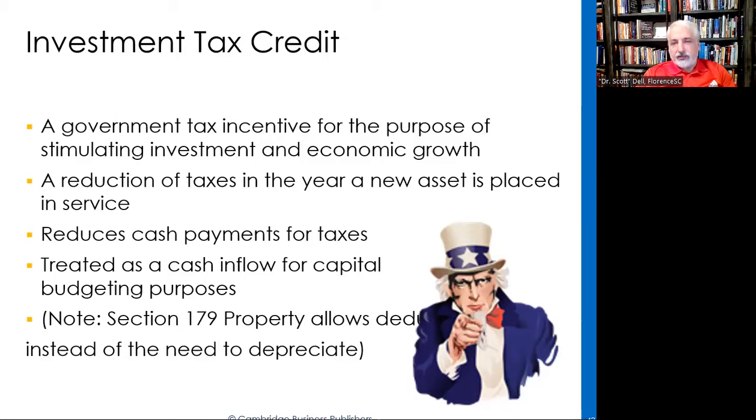So it's a reduction of taxes in the year the new asset is placed in service. Sometimes you can carry forward things. Here in South Carolina, if you invested in solar, you get some carry forward options as well. It reduces your cash outlays for taxes, and that comes into the cash flow analysis, which is why I'm mentioning it here. Treated as a cash inflow for capital budgeting purposes.